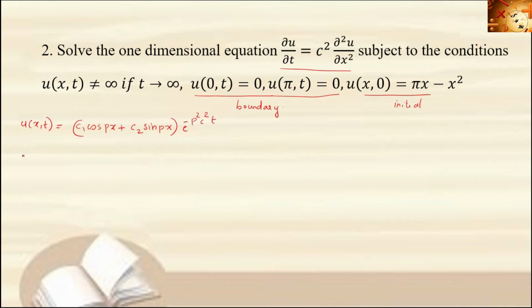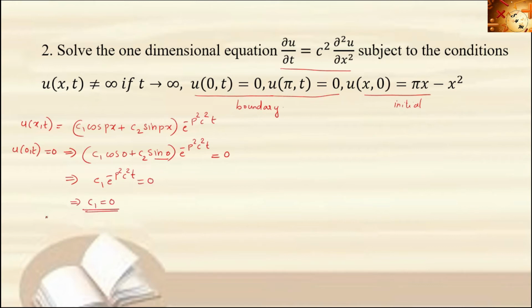First of all, give the first boundary condition, that is u of 0 t equal to 0 implies c1 cos 0 plus c2 sin 0 into e raised to minus p square c square t is equal to 0. This implies sin 0 is 0, cos 0 is 1. So c1 into e raised to minus p square c square t equal to 0. This implies c1 is equal to 0.